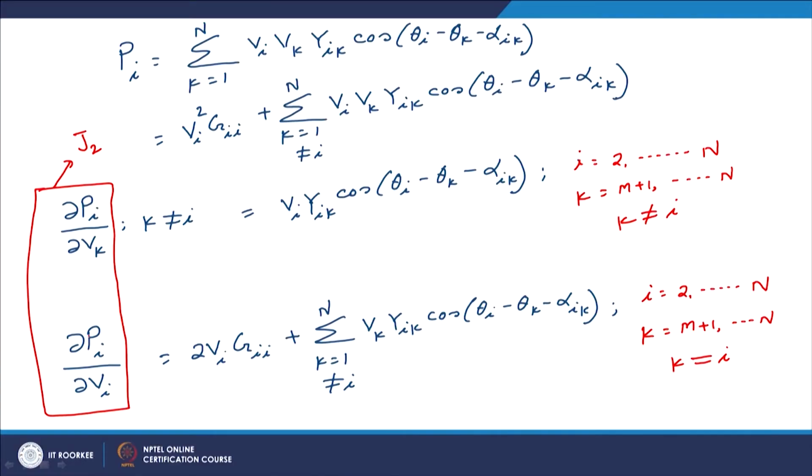So, then it may happen that all these elements del P i by del V k and del P i by del V i would be non-zero. So, then as a result this matrix J2 would be a completely full matrix, but then one very important point to notice is that this value y ik would be 0 in the bus admittance matrix if bus i and k are not directly connected with each other.